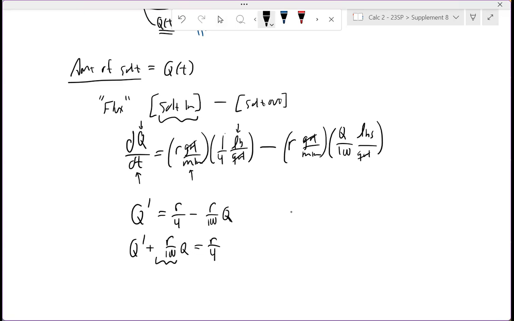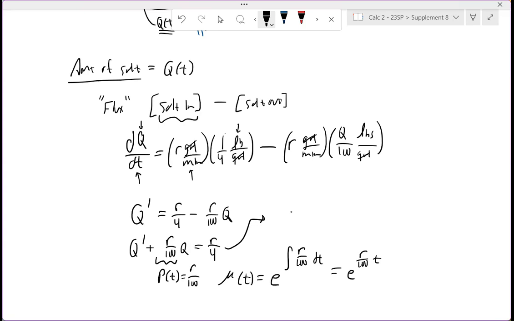But here we see that our P of T is R over 100. So our integrating factor is going to be e to the integral R over 100 dt, which is e to the R over 100t.